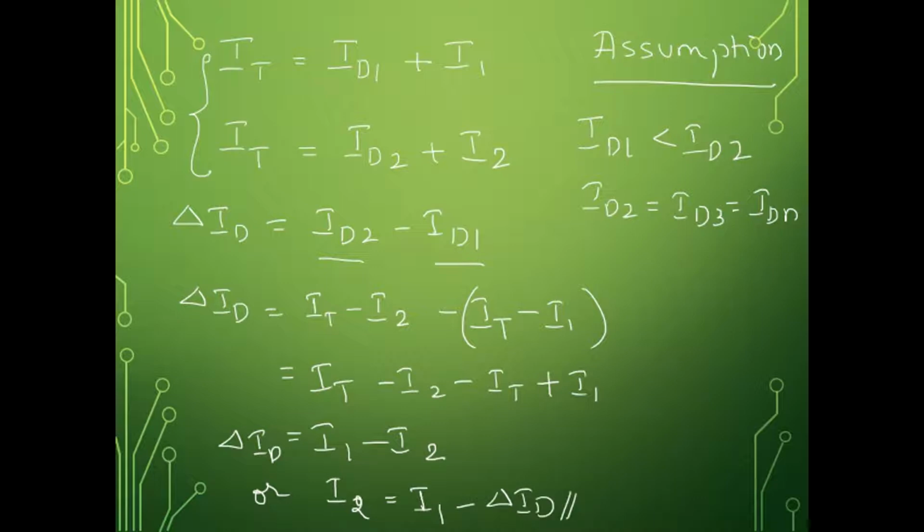Now, what is the voltage across thyristor T1? Voltage across the thyristor T1 is VD1, which is nothing but R into I1.